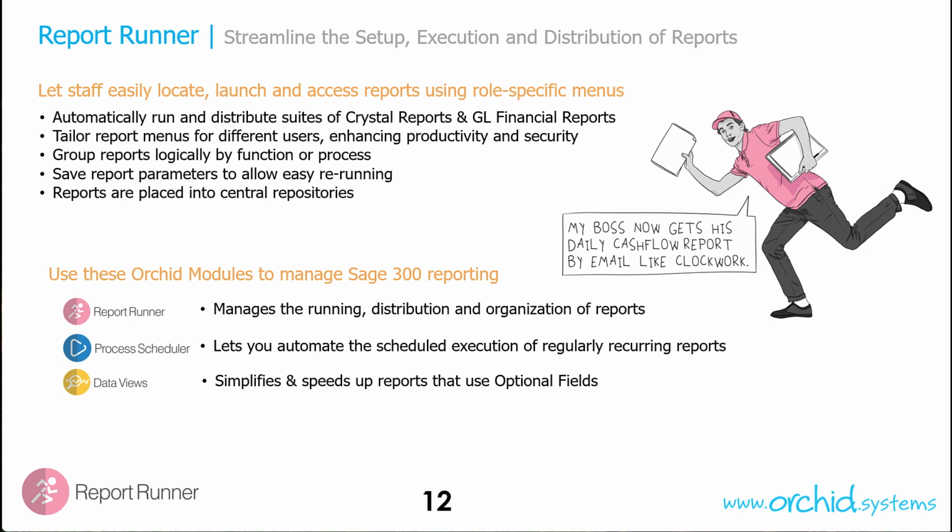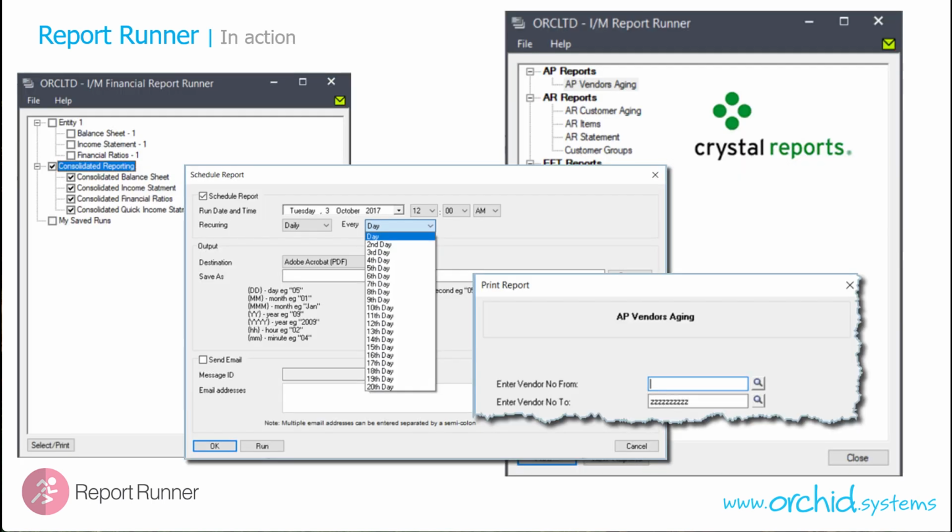And if you're using many optional fields, you could use our module data views, which simplify and speed up the reports that use optional fields. Of course, these data views could be used in your Crystal Reports that are linked into the Report Runner menu. And these are what the menus look like. On the left-hand side, we have the Financial Report Runner, where we've attached the Excel spreadsheets with the FR specs in them.